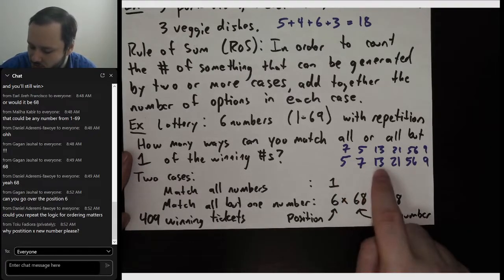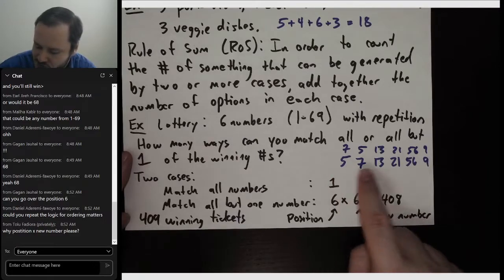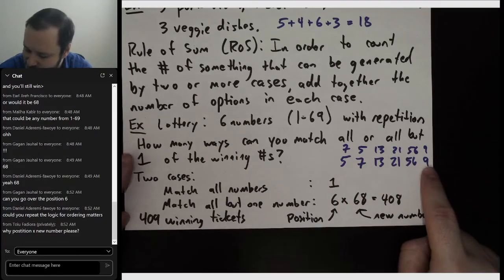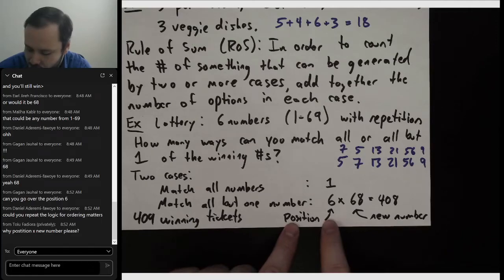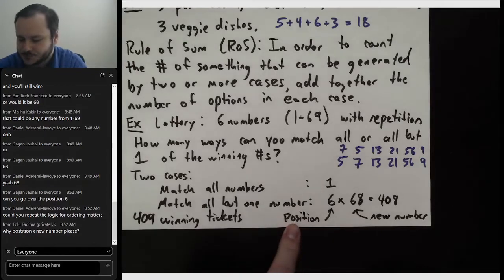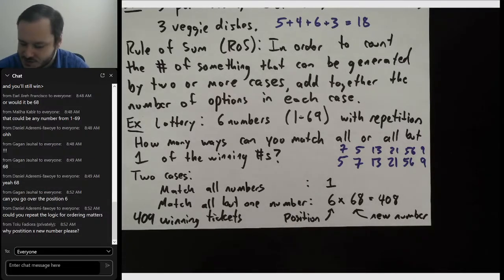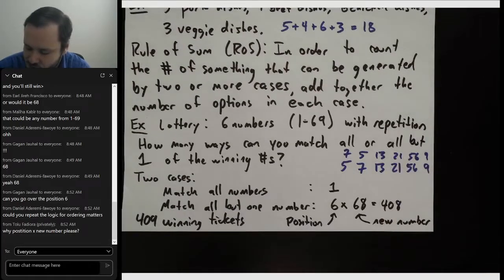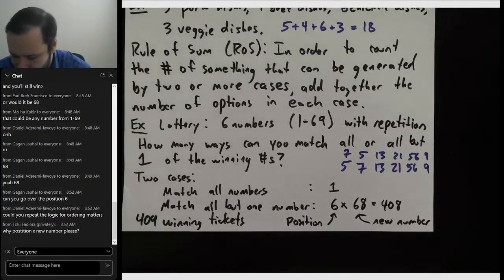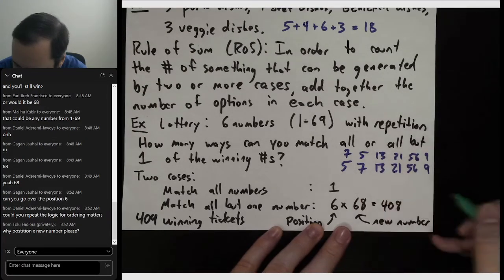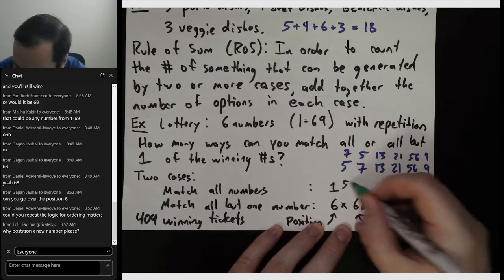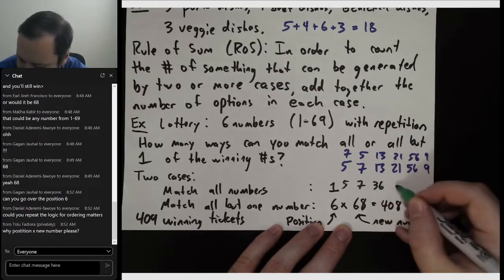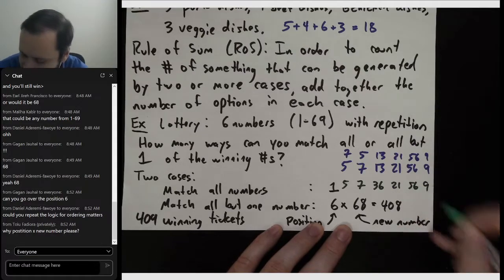So we're picking one of our 6 positions. Position 1, position 2, position 3, position 4, position 5, position 6. One of those options. And then, once we've fixed our position, we pick a new number to go into that position. So maybe I pick position 3, and then I pick the new number 36. So the new lottery card that I'm generating is 5, 7, 36, 21, 56, and 9.